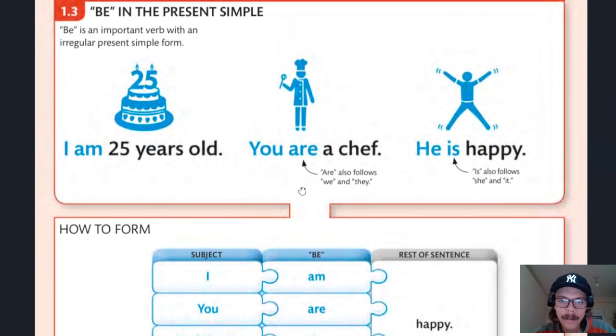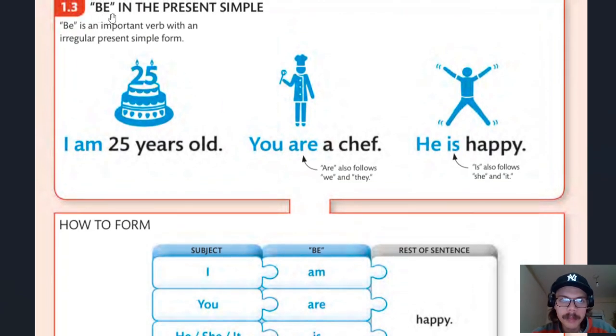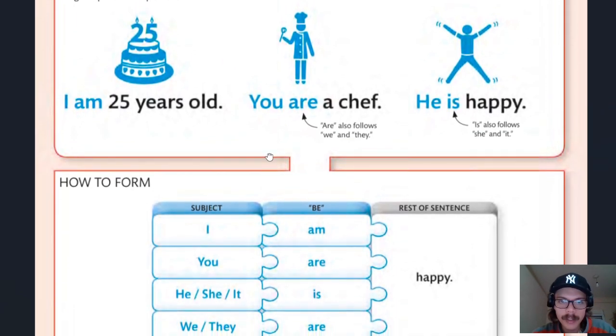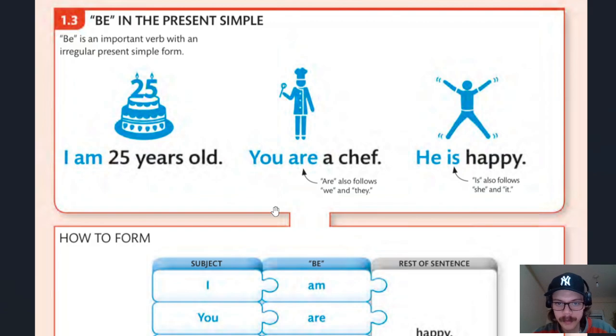Okay? Now, the verb be has three different forms. Okay? It is am, are, and is. Okay? These three words, they seem very different, but they're all the same. Okay?